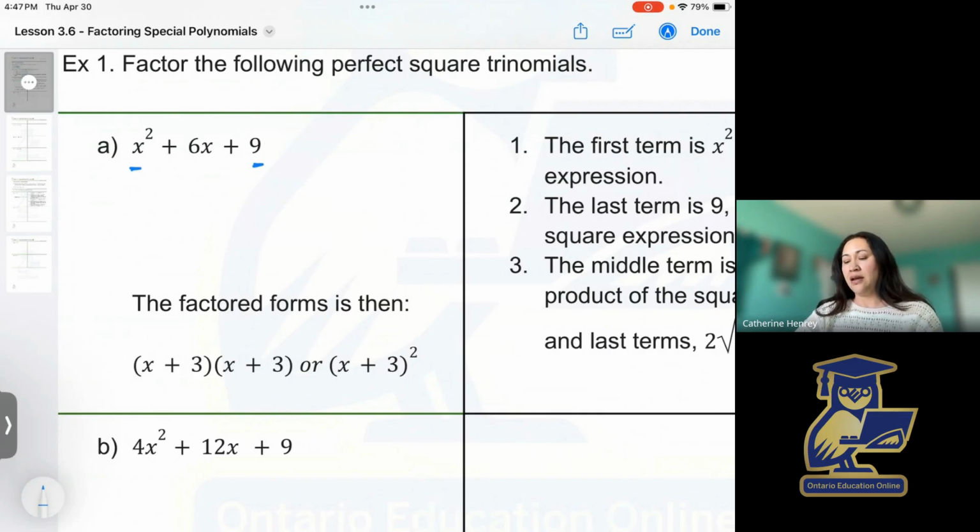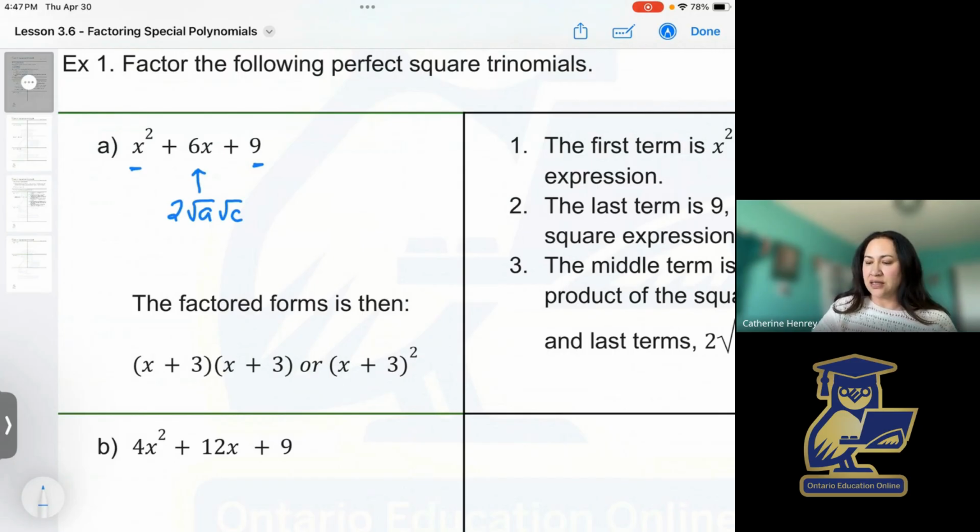Yes, I can. Can you take the square root of 9? Yes. So we want to lastly check, is this middle term equal to 2 times the square root of a times the square root of c? And if it is, then we have a perfect square trinomial.